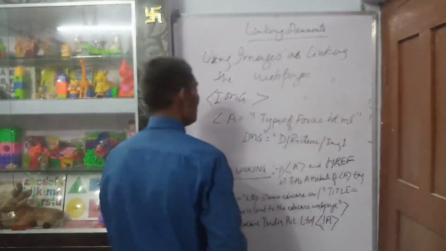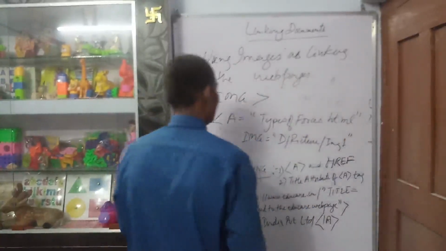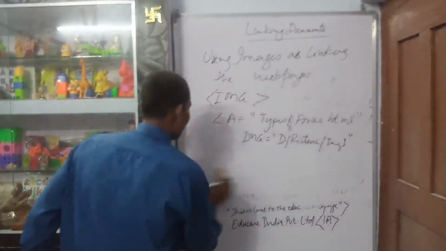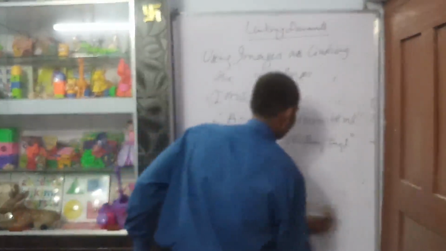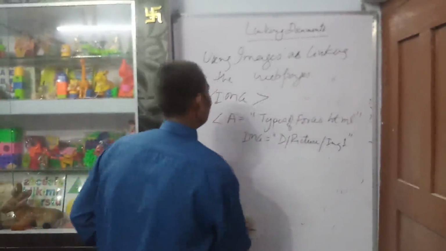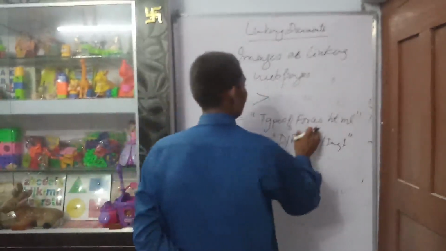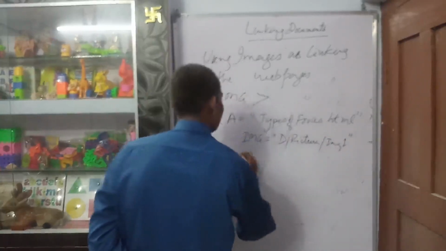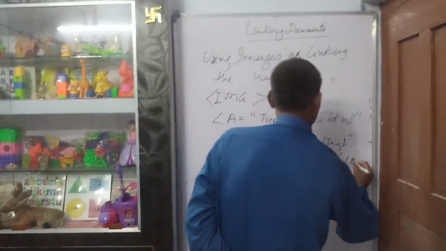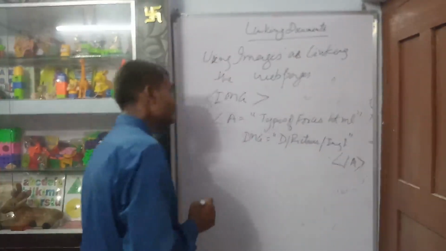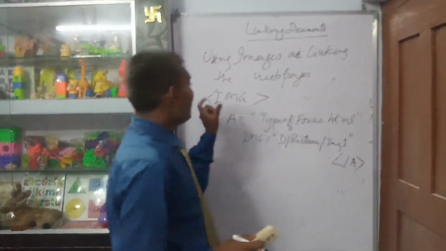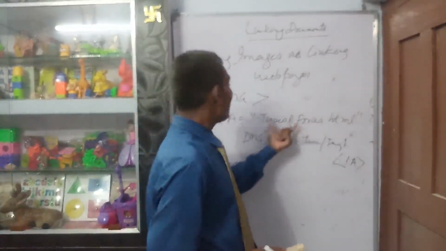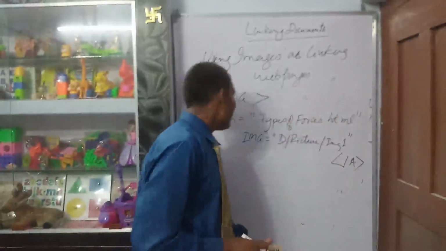So you give the source of the image in the anchor tag: a href types of forces.html, img source of the image, and then close the anchor tag. When you click on this image, it redirects to this web page, that is types of forces.html.